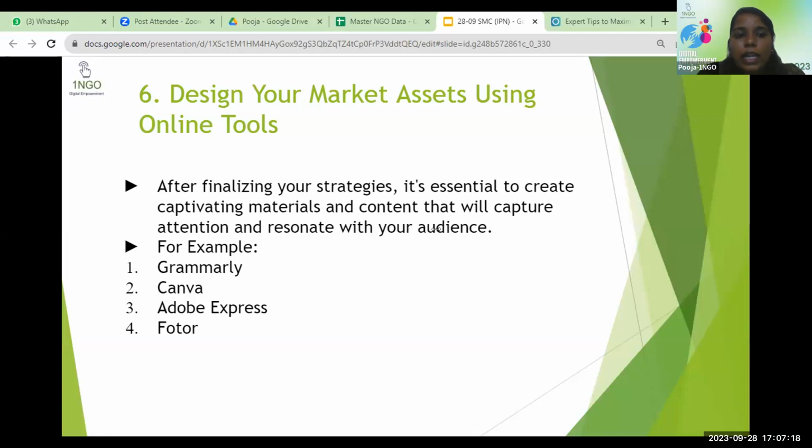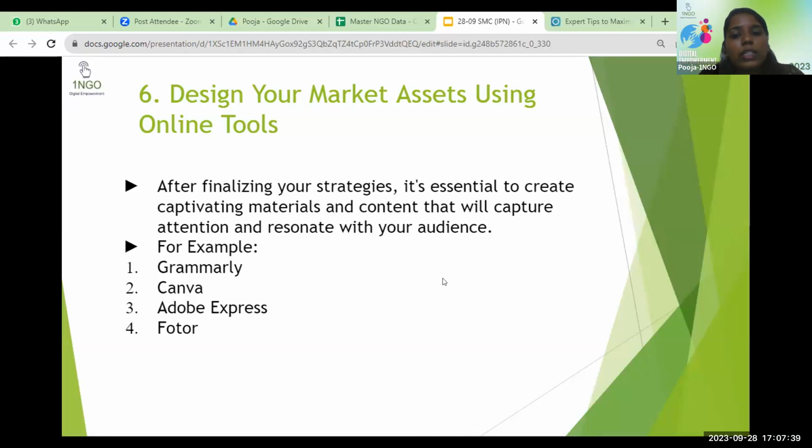Other than that, Canva and Adobe Express are graphic design tools. They are available in paid and free versions. It's a graphical design tool. You can create videos, posters, or blog articles to reach your audience effectively.